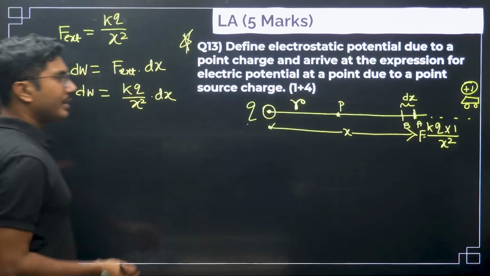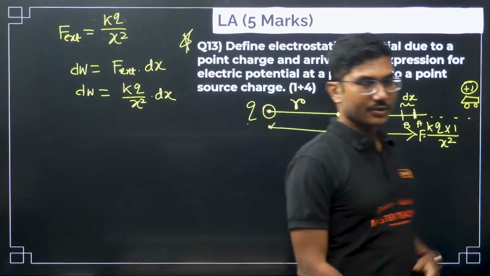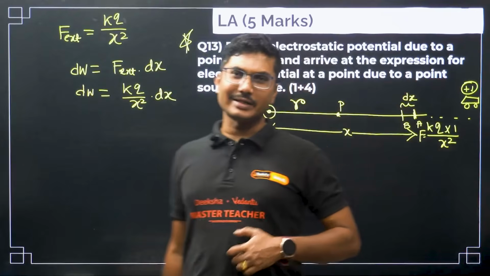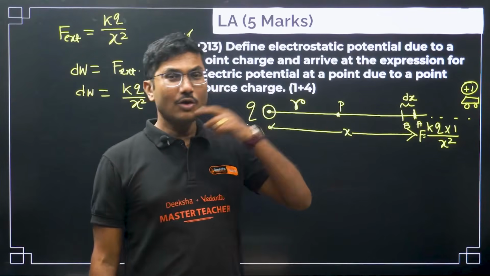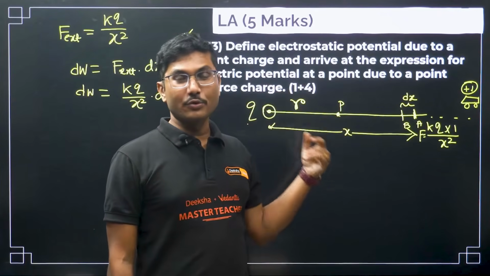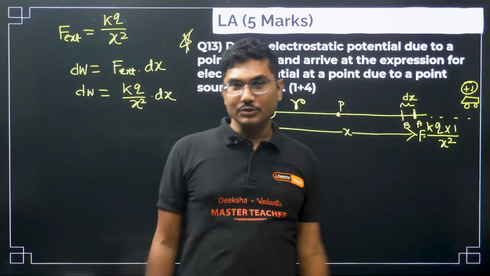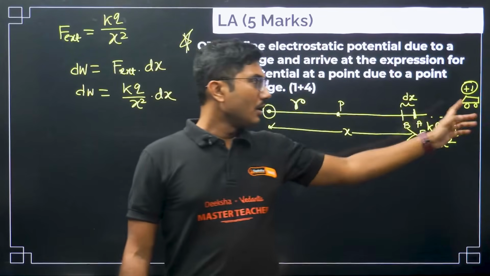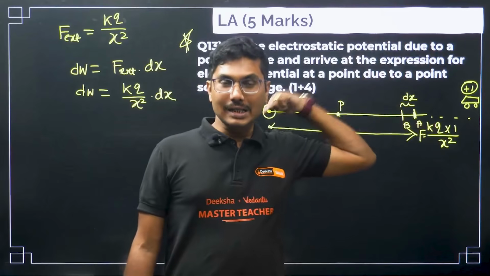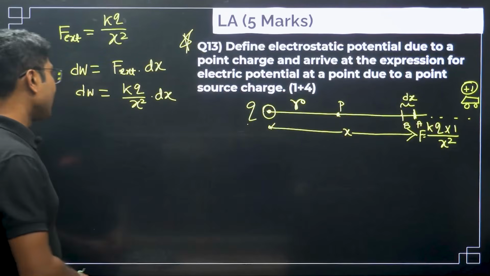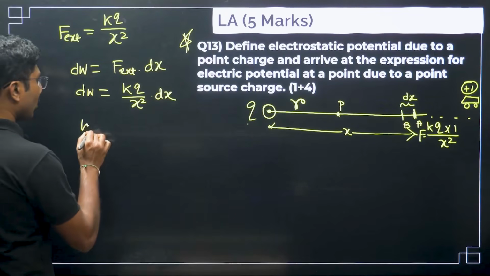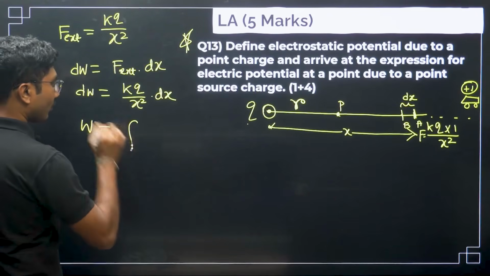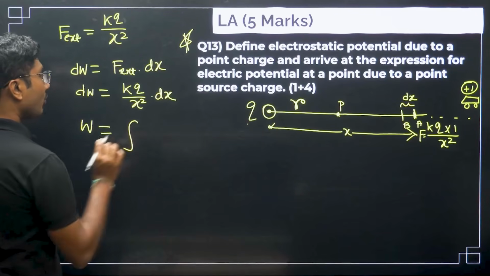But this is just an intermediate station. We are not particularly interested in this. Our interest is how much work we have to do to bring it from infinity. So what is the train fare from New Delhi till KCET Bangalore? That is our target. For that we have to calculate the total work done, so we have to integrate.